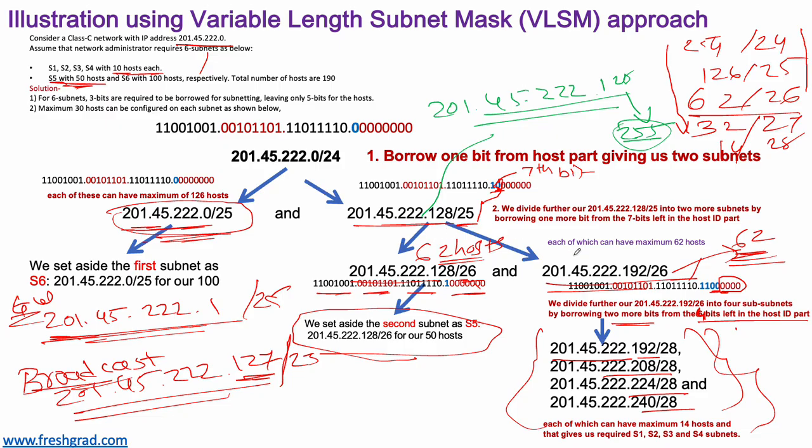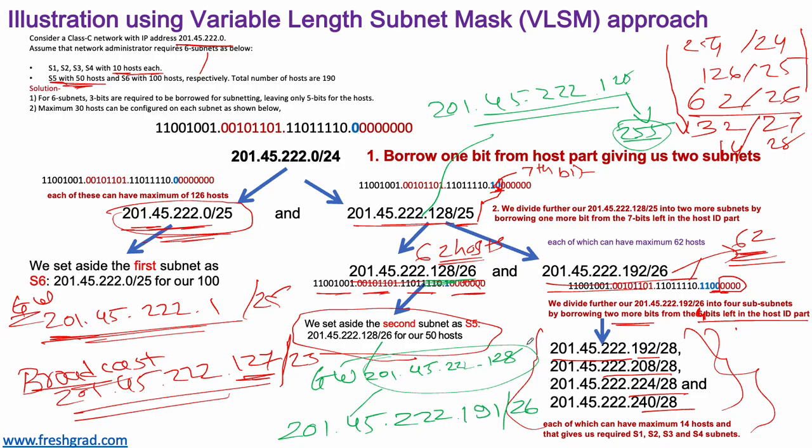But we divided it into two more subnets here. So now here our gateway would be, in this subnet mask, just writing GW, gateway would be 201.45.222.128. This is our gateway. And what is the broadcast IP? 201.45.222.191/26. This is /26. This is our broadcast.